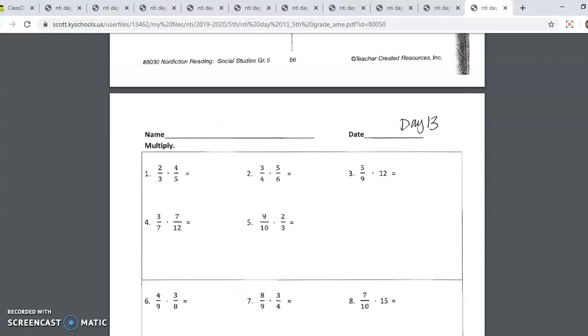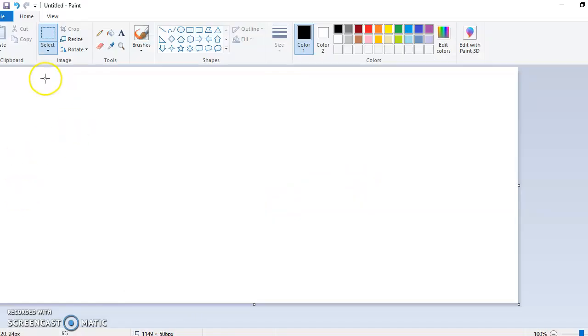Okay, another problem. Let's look at 5/9 times 12. Okay, so if you remember, I told you if you have a whole number, there's always an invisible 1 over it.